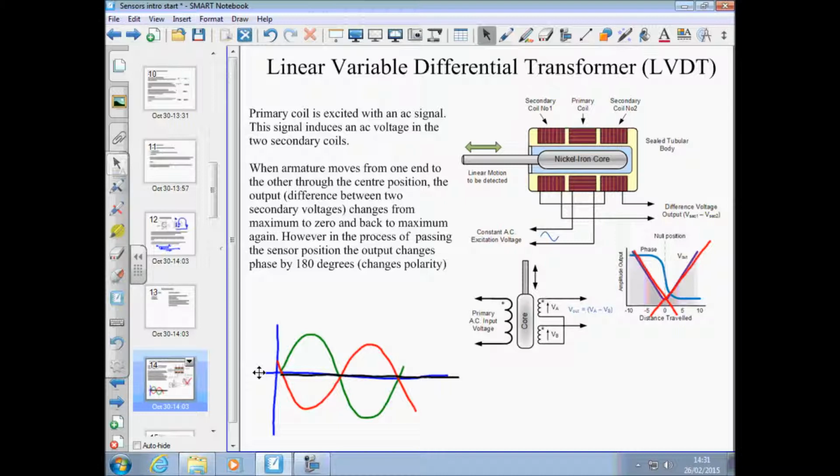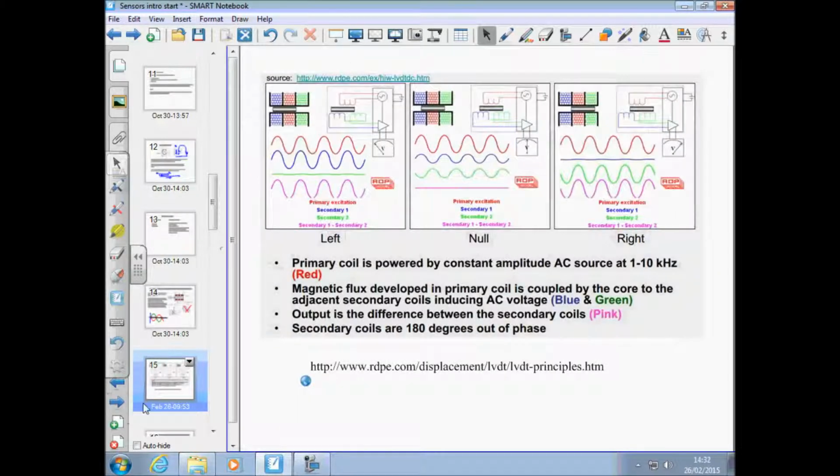Okay, so these are quite good sensors in terms of showing what's going on, being able to detect position. There's another slide that repeats what I just said, really, but in the middle, these two are anti-phase from each other, so the output is nothing.